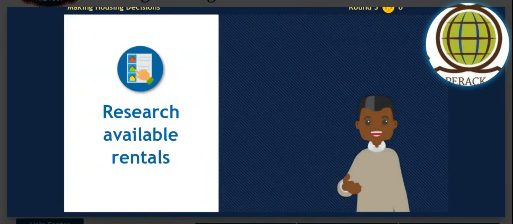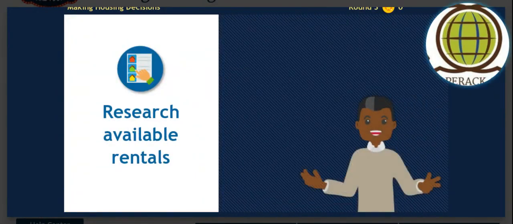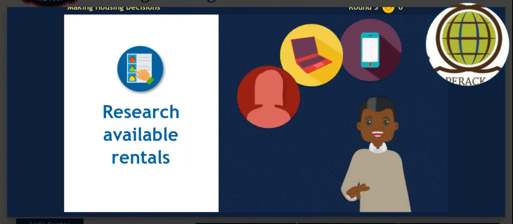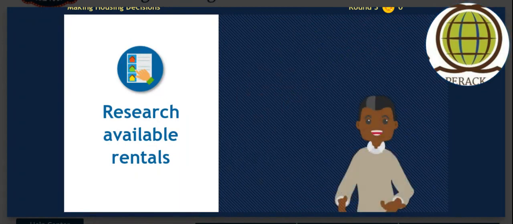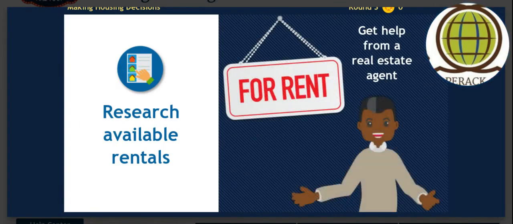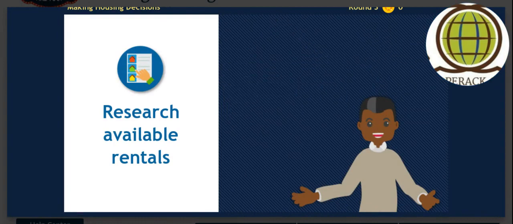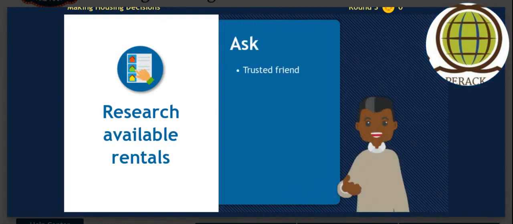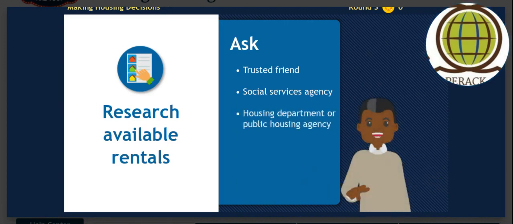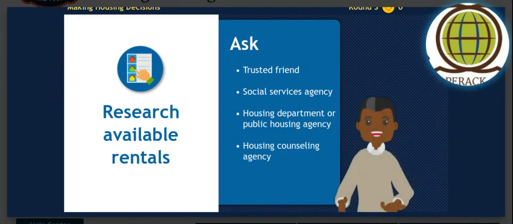You can research what's available to rent using resources such as mobile apps, websites, real estate agents, or newspapers. You may be able to get help from a real estate agent who specializes in rentals. Be sure to ask about pricing and shop around. You could also contact a trusted friend, a social services agency, your city's or county's housing department or public housing authority, or a housing counseling agency approved by the Department of Housing and Urban Development.